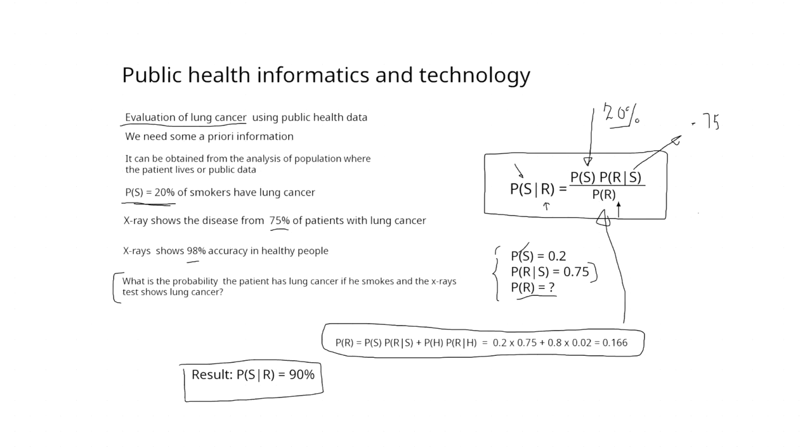The probability jumps from 20% as a smoker to 90%, because X-rays, although they are not 100% accurate, were useful to estimate that the probability for a person with a positive X-ray indicating lung cancer, plus being a smoker, is 90%.